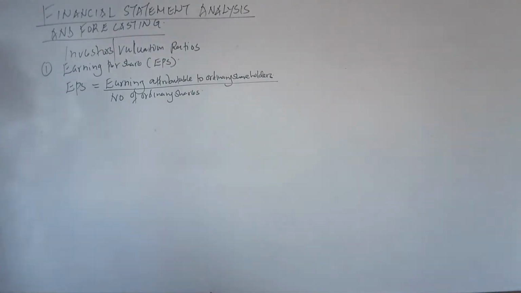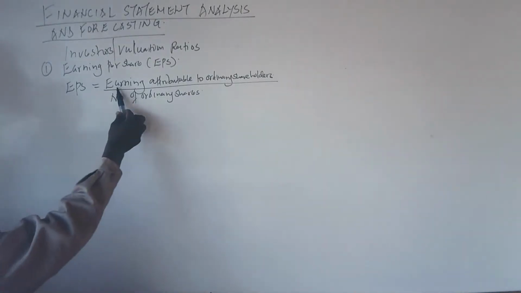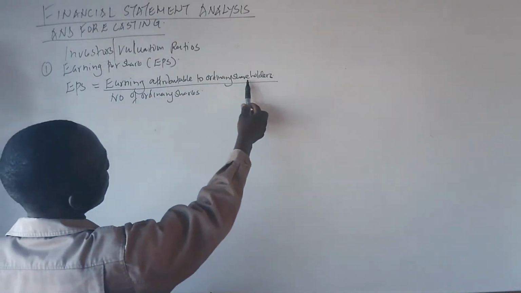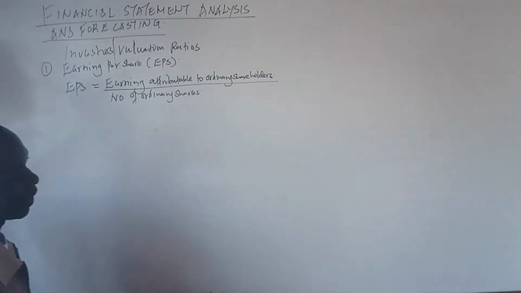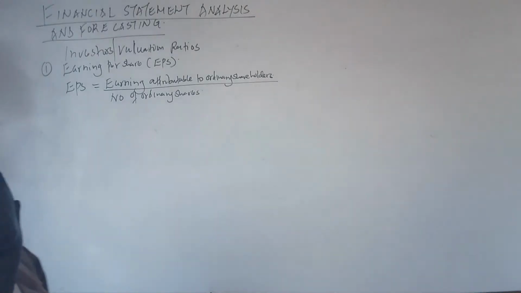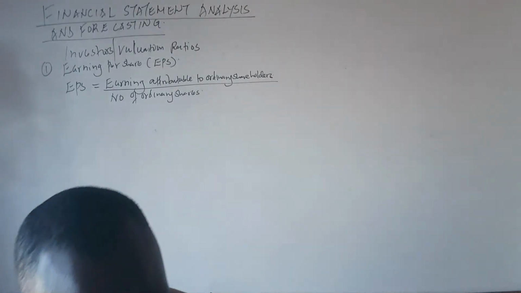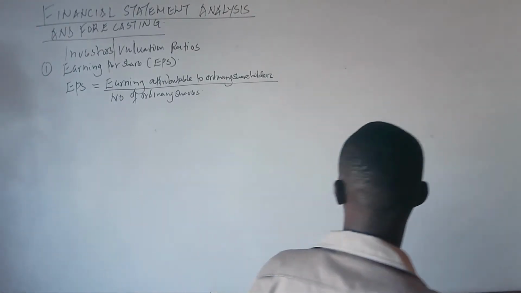So for you to get the EPS, you take the earnings attributable to ordinary shareholders, then you divide by the number of ordinary shares. In this case, it is going to depend on the information that you have.